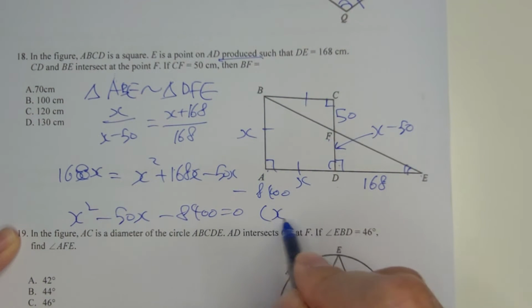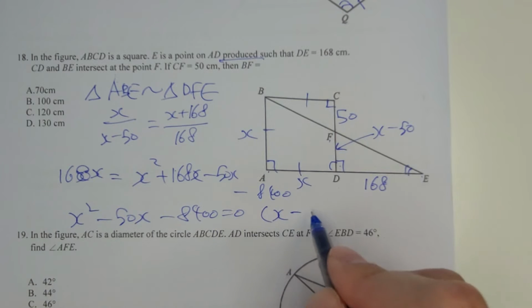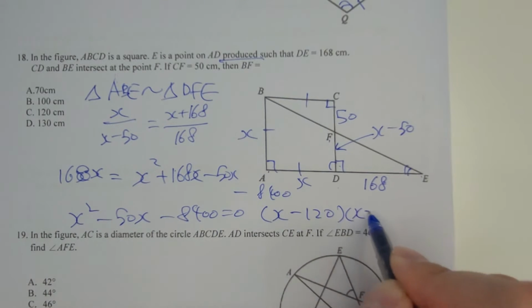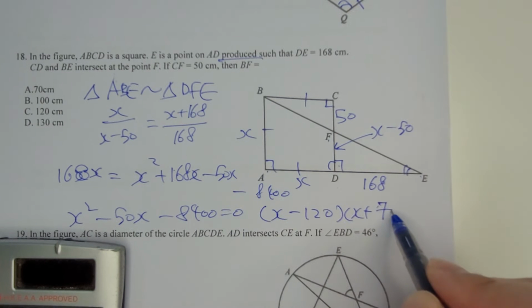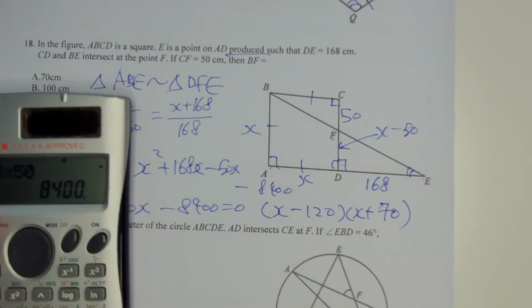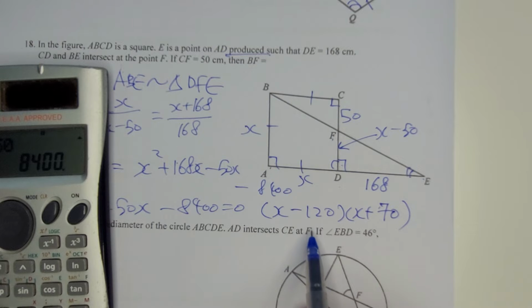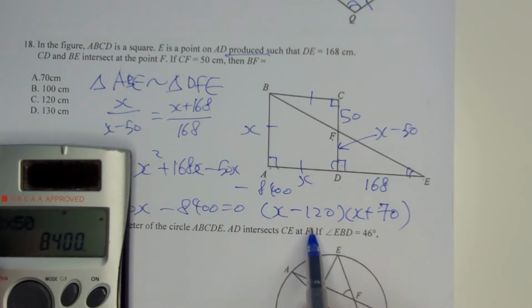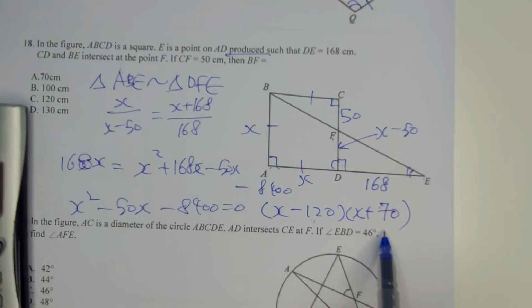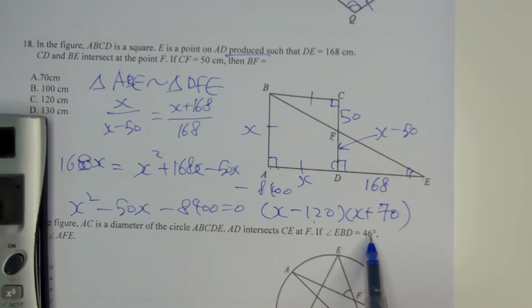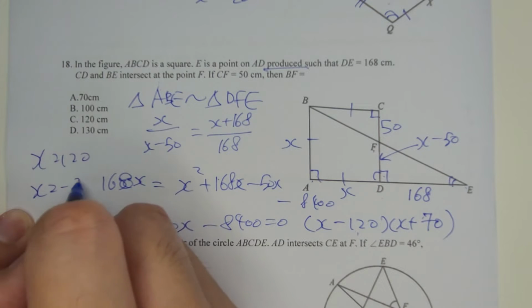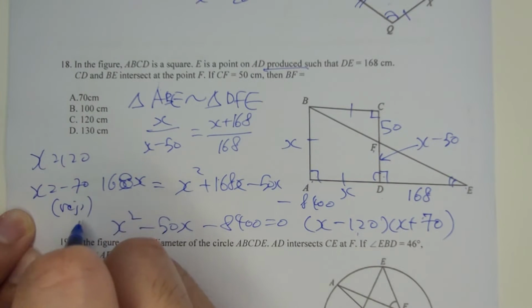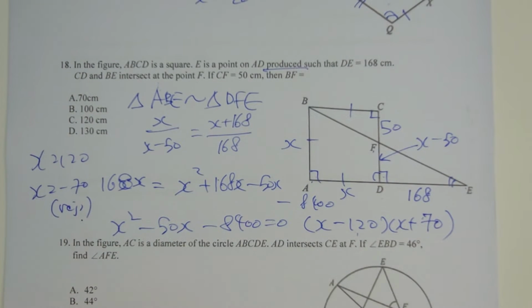And you do the factorization, then you will get something like this. So x will be 120, or x will be negative 70, but x negative is not acceptable, so we reject the negative number.